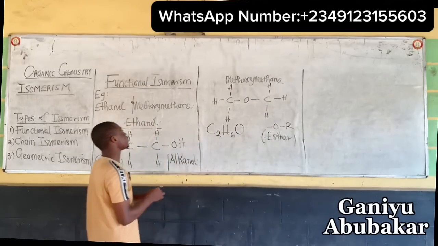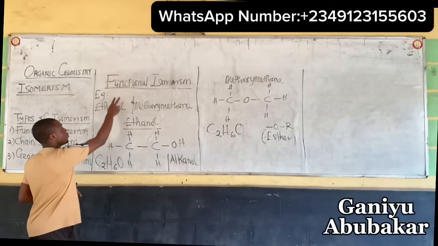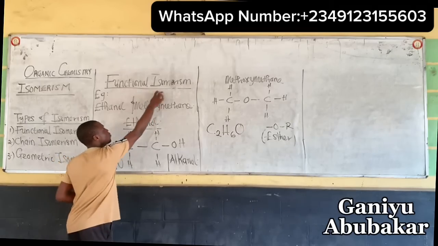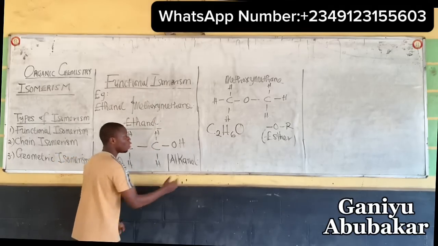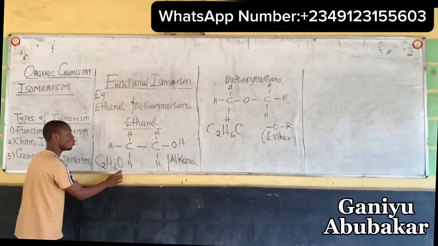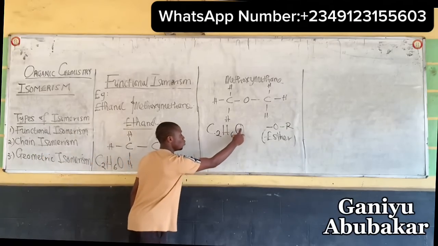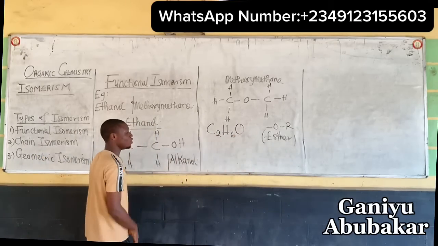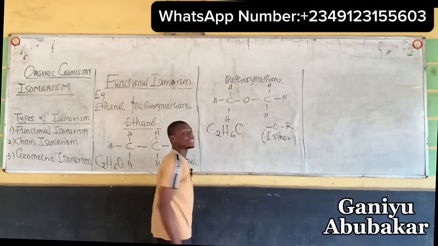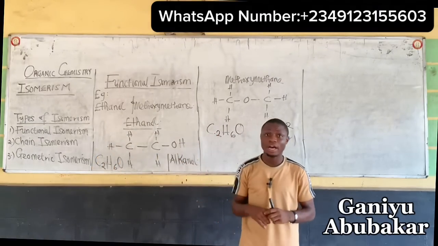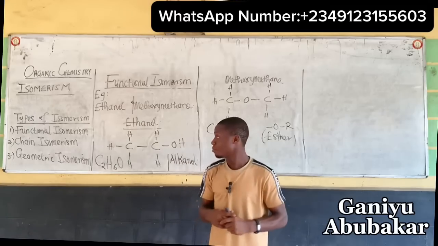To clarify the understanding behind functional groups, the 2 compounds given will have the same molecular formula C2H6O, but different functional groups: alkanol and esters. That's basically the concept behind functional isomerism.